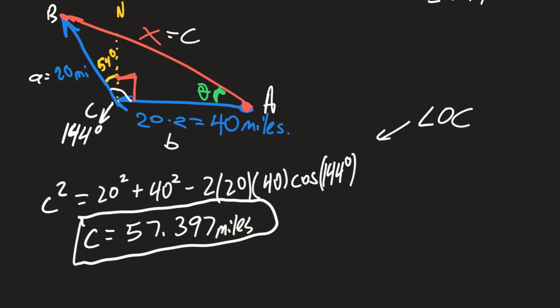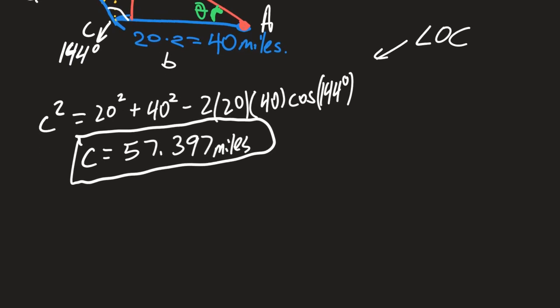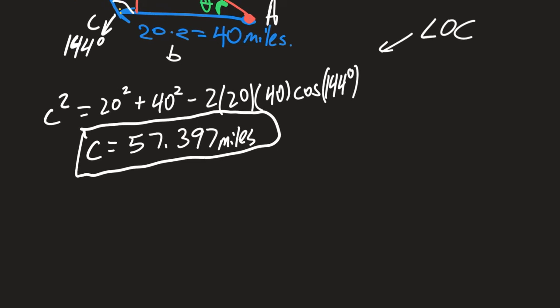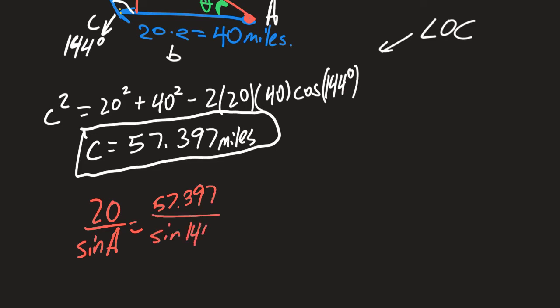Now, once we've got this, we'll be able to set up and solve for the missing angle here. So let's just use law of sines. Go ahead and try to set it up. Remember, we're looking for big A. Hopefully, if you started setting this up, you're going to have 20 over sine big A equals, and let's use c, 57.397 over sine 144.